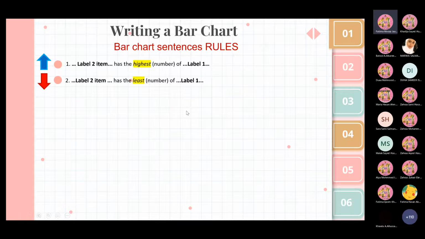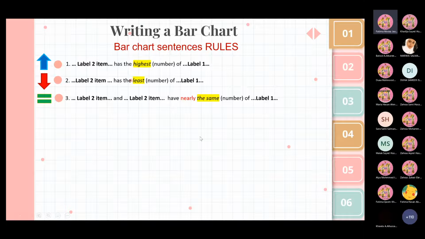And the third sentence is equal. In equal, we will say nearly the same number or the same number. Nearly the same number if we don't have the same number in two things, and the same number if we have the same number in two things or two months.